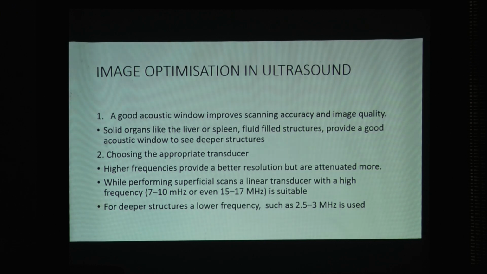That is, for organs in the depth of the body, we have to have a transducer with a low frequency, and for superficial structures we need a high frequency. Usually a low frequency means around 2 to 3 megahertz, otherwise anything above 5, 7.5.